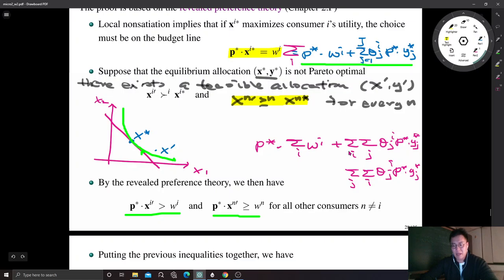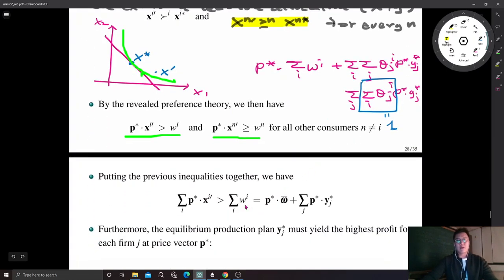And if we add over i, that means full ownership, so that is equal to 1, and that goes away.